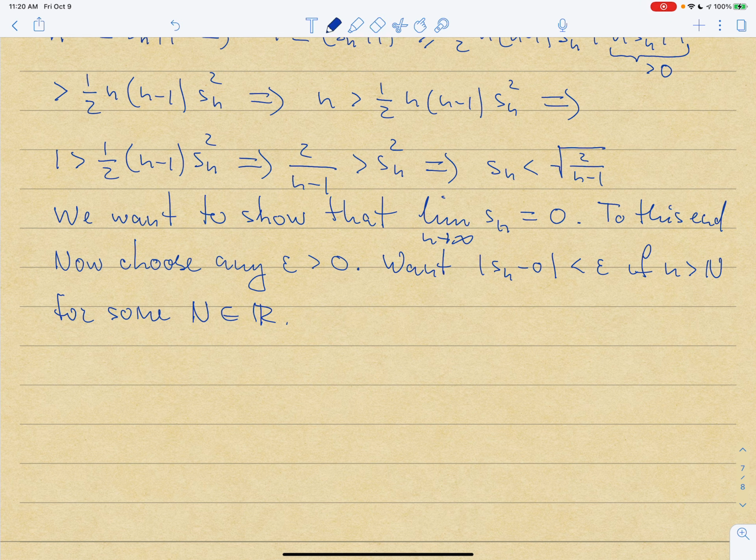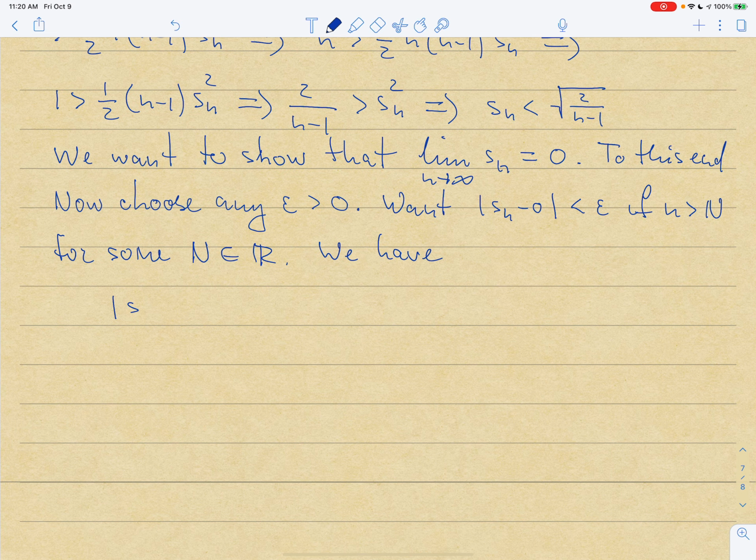Okay, so let's see. We have absolute value of Sn minus 0. What's that? That's absolute value of Sn, but Sn is positive, so this is Sn. And I know that Sn is less than the radical of 2 over n minus 1, I know that from here. And if Sn is less than the radical 2 over n minus 1, I can try to make that guy less than epsilon.